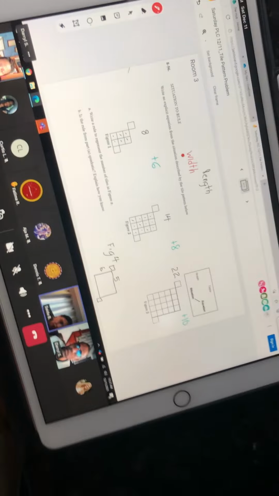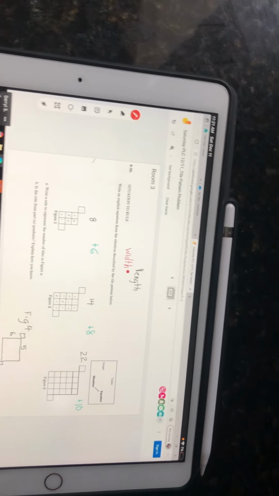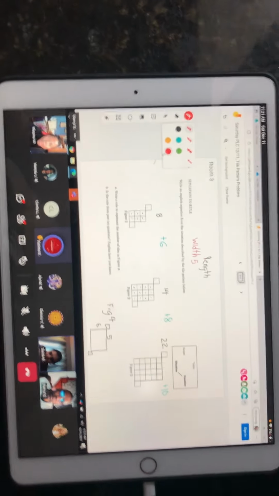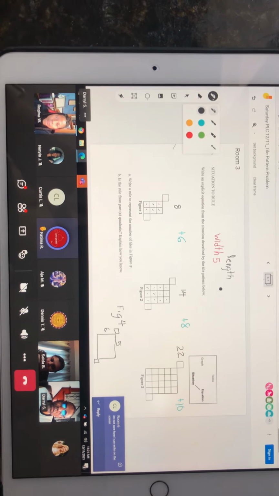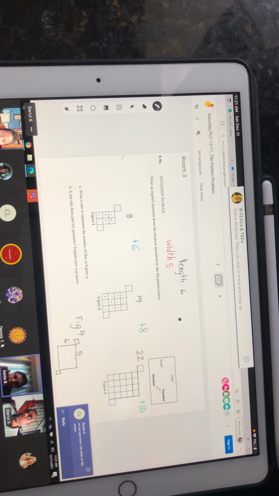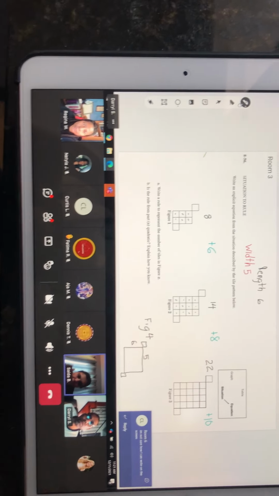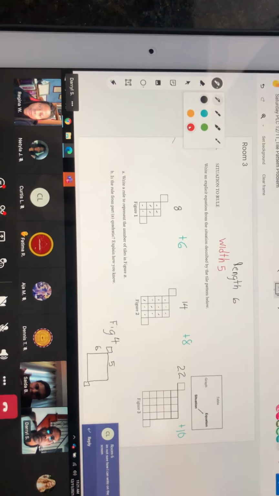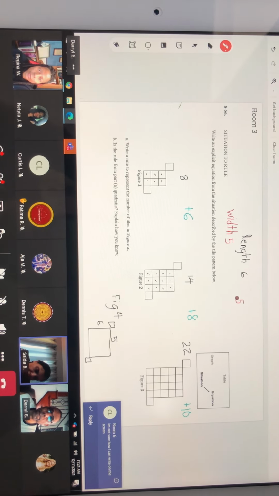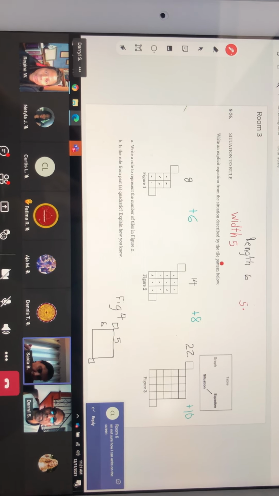W plus 1? So one is W, the other one is W plus 1, correct? First, W times the length, and then plus 2. Correct, but what would the length be in terms of the width? Isn't the length 1 more than the width? Yes, so instead of writing length, you would write W plus 1, correct?